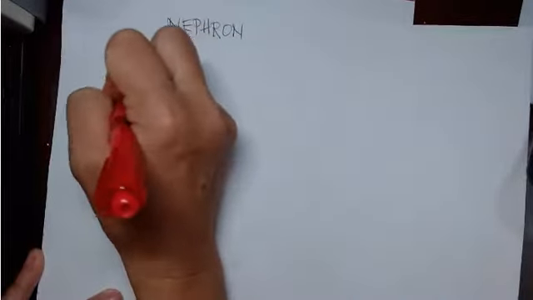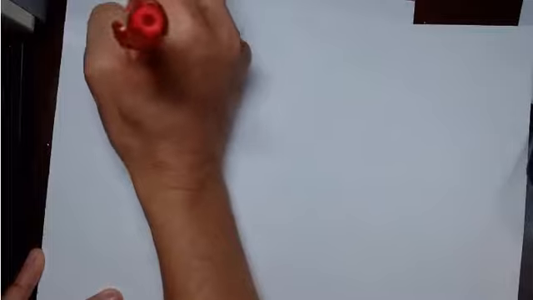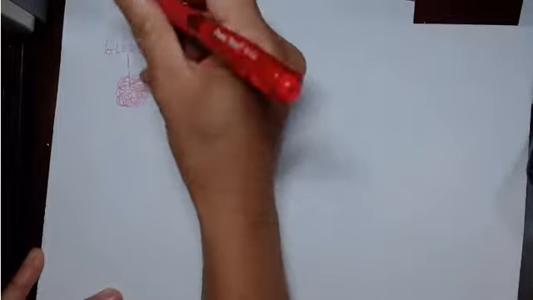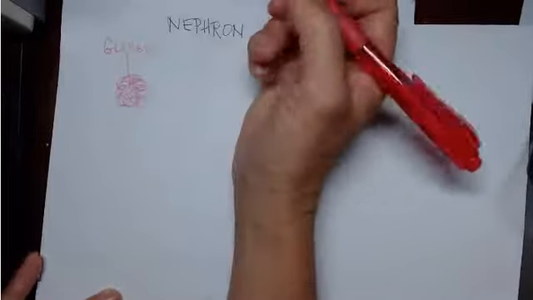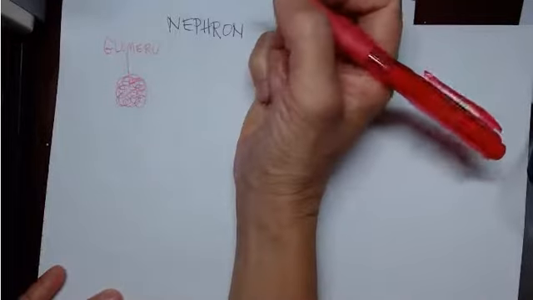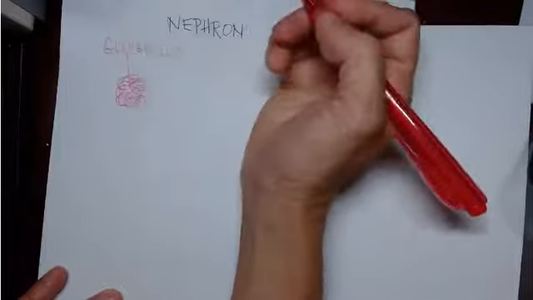Super important, okay? First, we're going to start with the capillary bed. This is the capillary bed. It is called the glomerulus. Glomerulus.